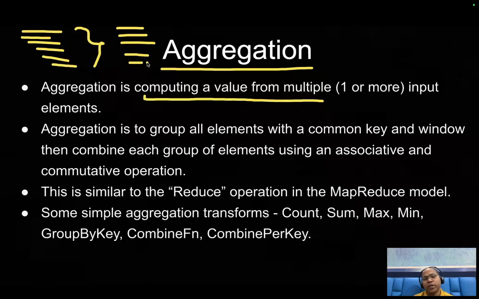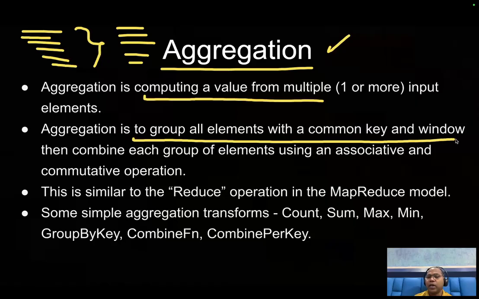Aggregation is just to group all the events with a common key or a window and combine each group of elements using an associative and commutative operation, plus, multiply, division, whatever you want to perform.